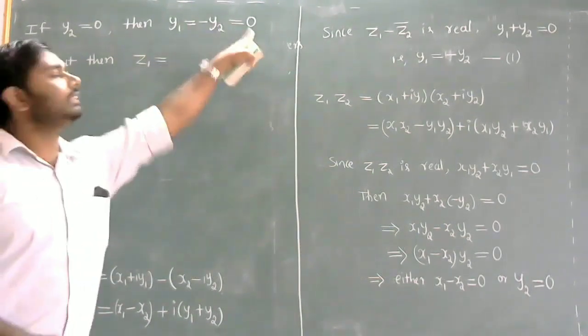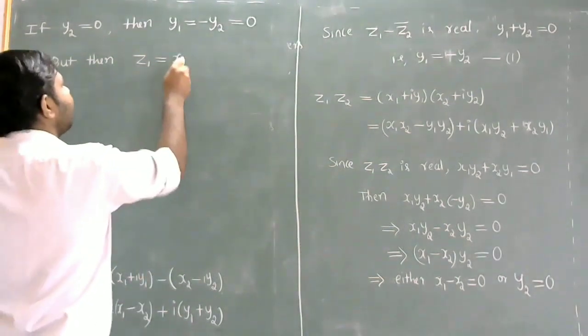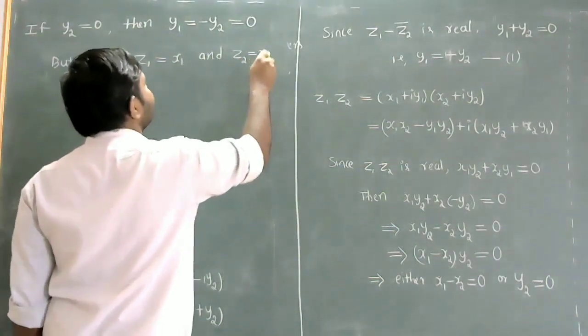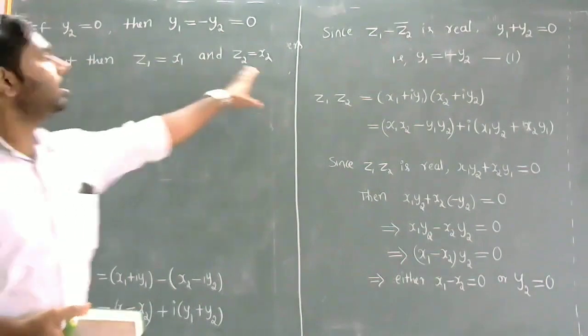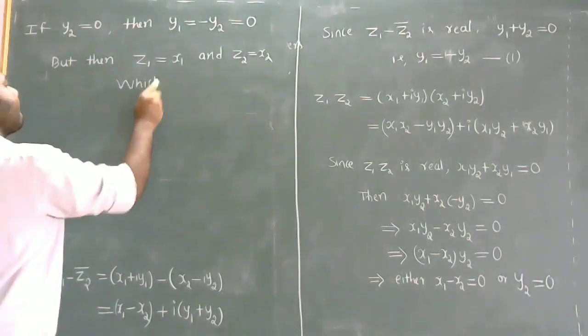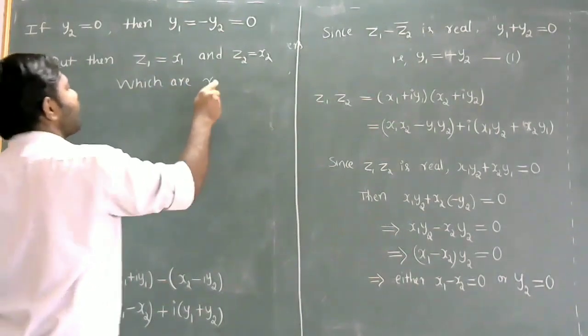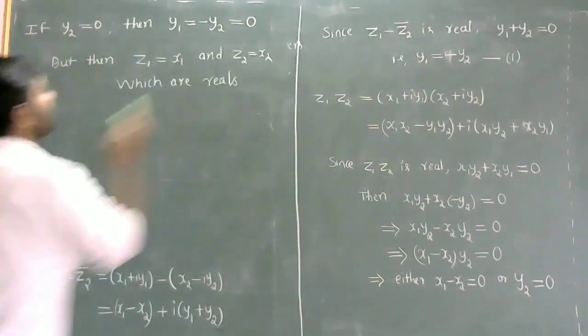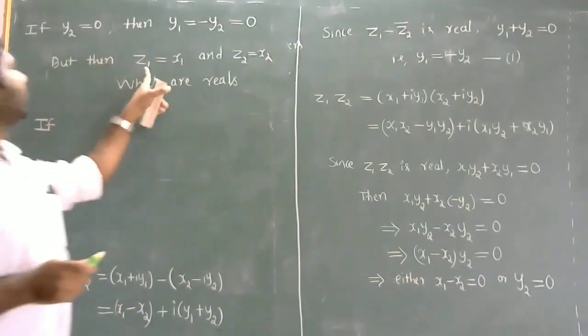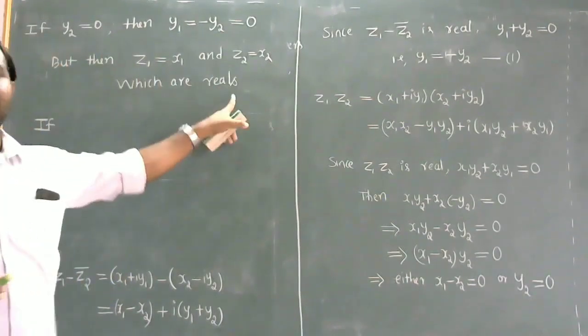So y1 is 0 means z1 will be just x1 and z2 will be just x2, which are real numbers. So whenever y2 is equal to 0, z1 and z2 will be reals.